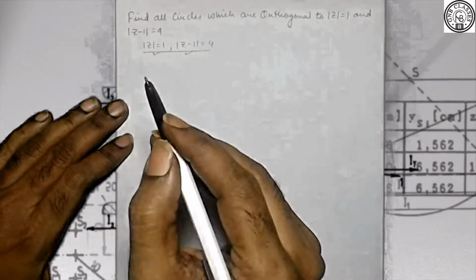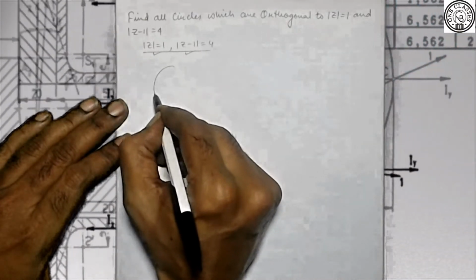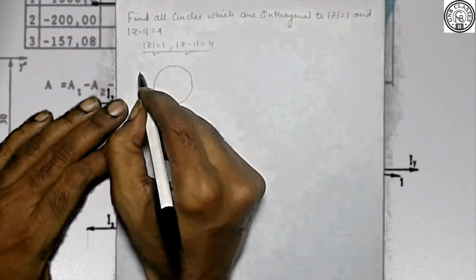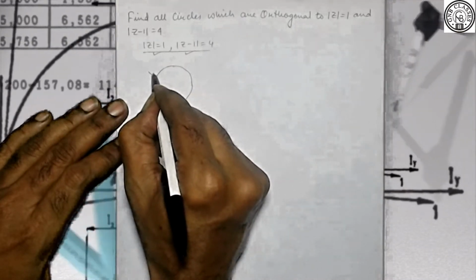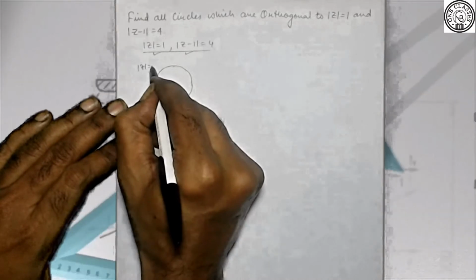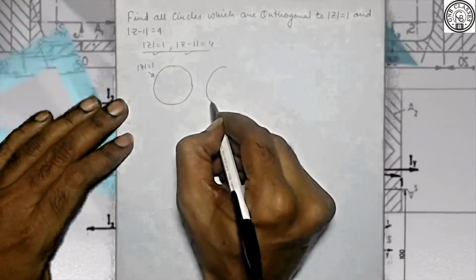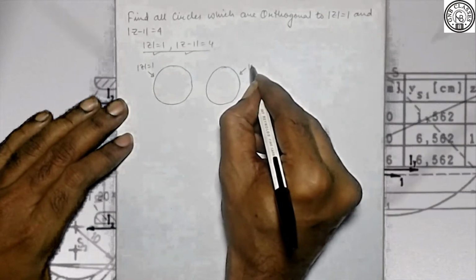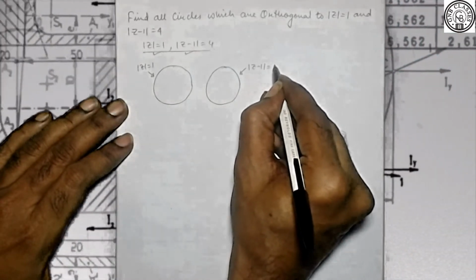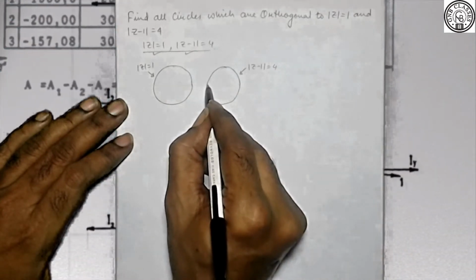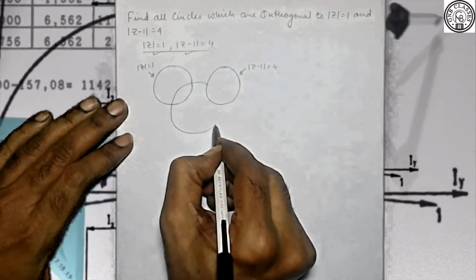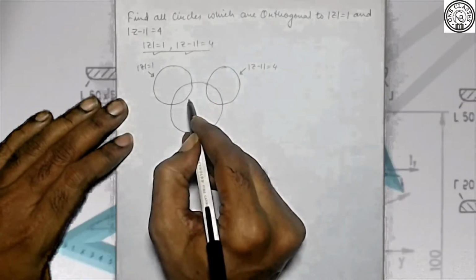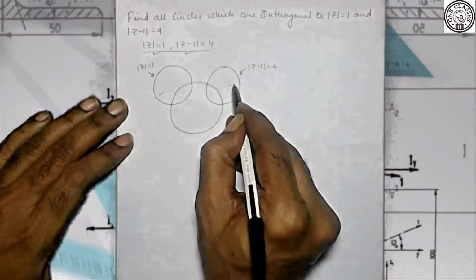Now, let us say this is my circle, which is mod z equals 1. And there is another circle, say this circle is mod of z minus 1 equals 4. Now we are going to find the circles which are orthogonal to both this and this.